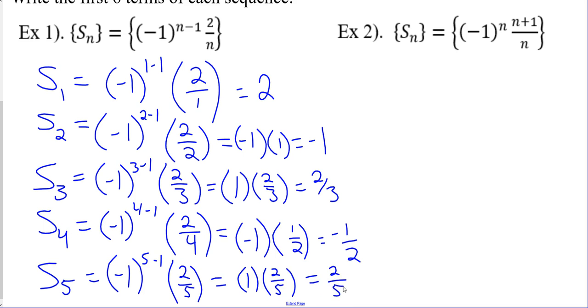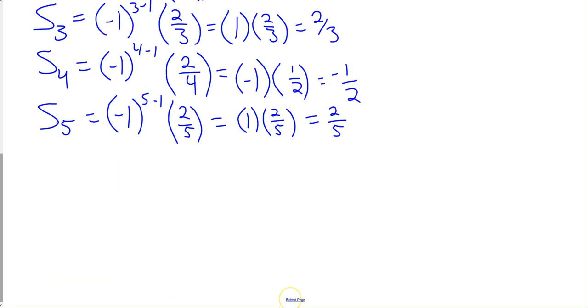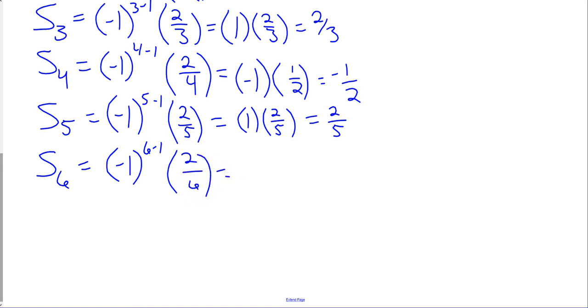Oh, did it say the first 6 terms? Yeah. So for the sixth term, we would take -1 to the power of 6 minus 1 times 2 over 6. -1 to the fifth power is -1. 2/6 simplifies to be 1/3. So that would be -1/3.